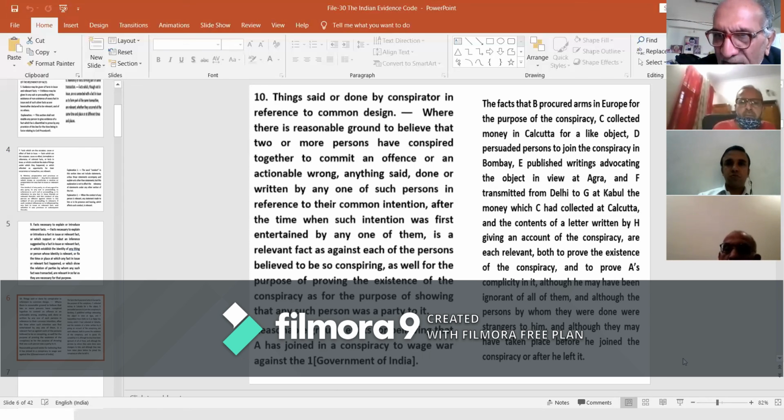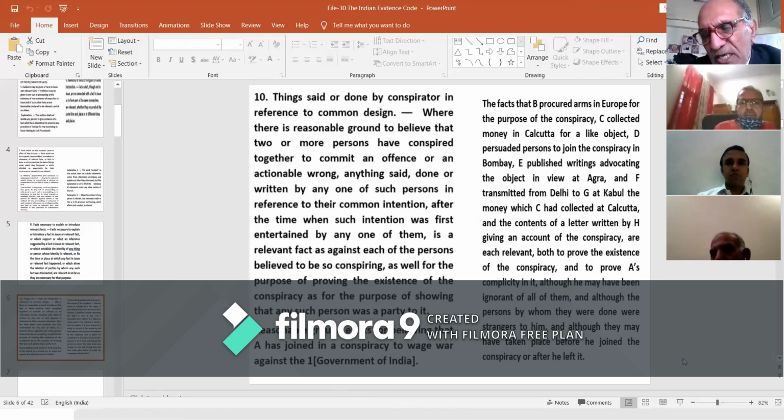Means when there is a conspiracy, with more than one person, the conduct of each one of them becomes relevant for the others as well, because this relevancy is in fact to prove the common agreement, common intention, common design on their part. Therefore, the conduct of any one of them is made relevant and is stretched to be applied to each one of them.